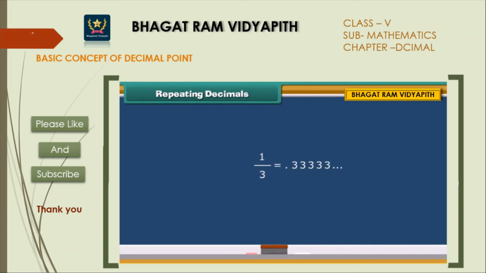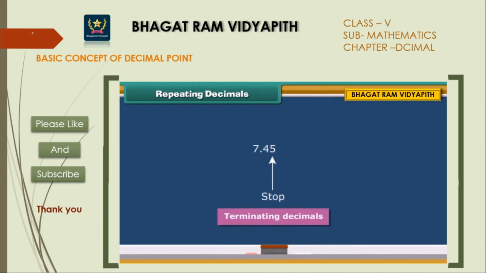So these decimals are termed repeating decimals. You can round off the number after the 3, but it is more accurate to put a line over the last number. This line indicates that the number keeps on going. And the decimals that stop are called terminating decimals.